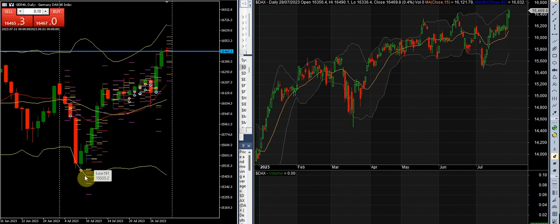So kind of like what's happened down here, it's gone outside the Bollinger Band and it's turned back around for several days. Now, to the downside, it's too far away for anything to affect that Bollinger Band unless we get a crazy down day.